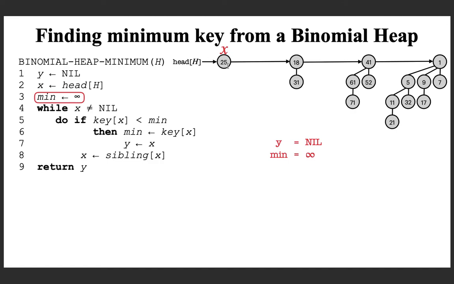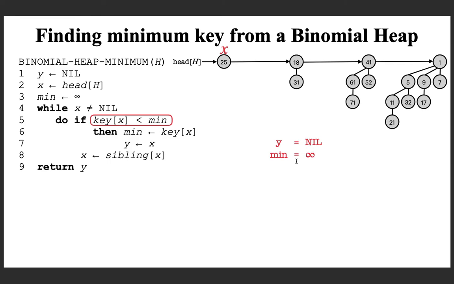And now x is positioned at the first node in the root list, and you have to repeat until you exhaust the list. What do you have to do? You check if the key value at x, which is now 25, is less than the minimum, which is infinity.